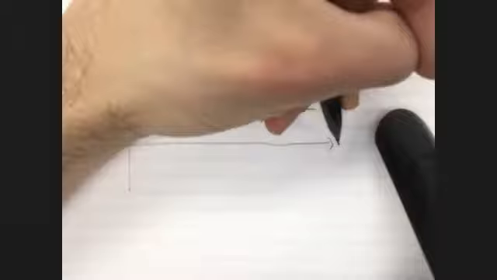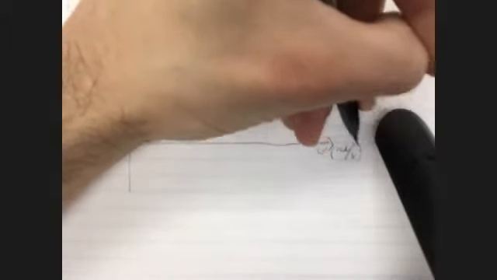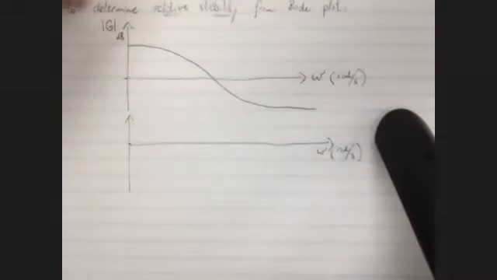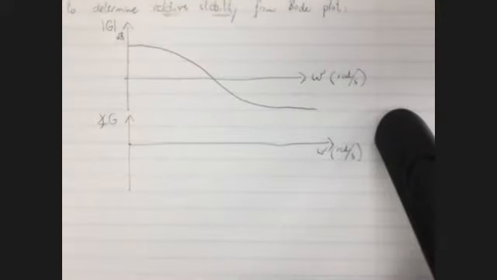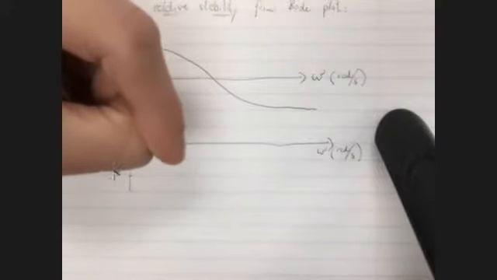I'll draw omega in radians per second. And here I'm going to have my angle or phase in degrees. So let's say I've got 0 degrees, then let's make this minus 90. Let's make this minus 180.